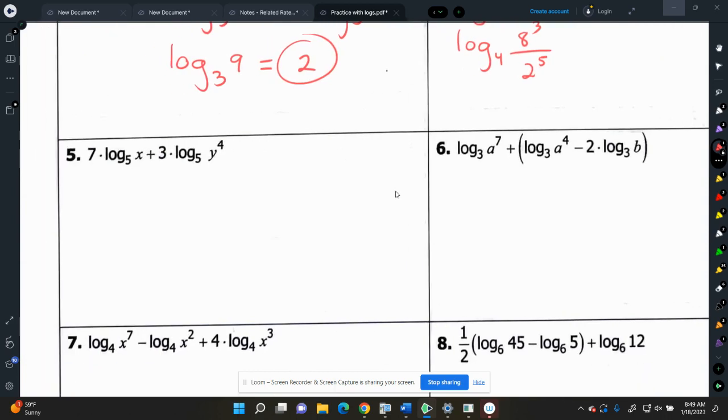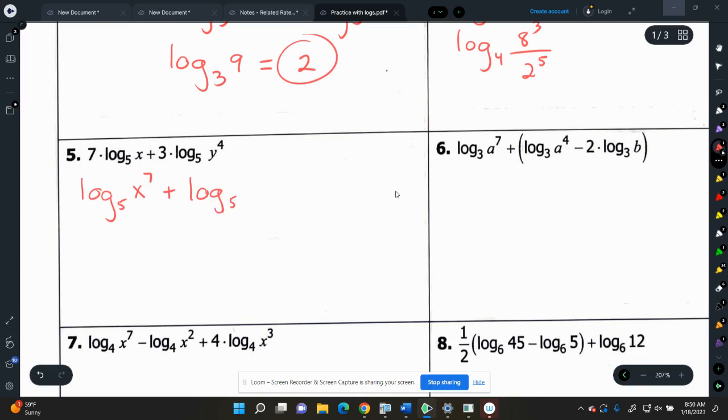Okay, number 5, same thing. We're going to take care of our exponents first. Log base 5 of x to the 7th plus log base 5. Now we get tricky, because it's the entire y to the 4th that's being raised to the 3rd power. So this will be y to the 4th to the 3rd.